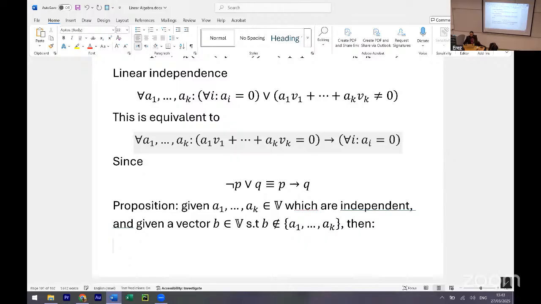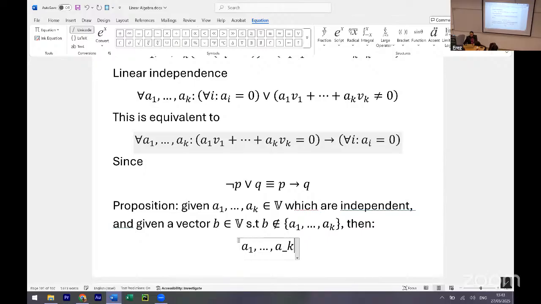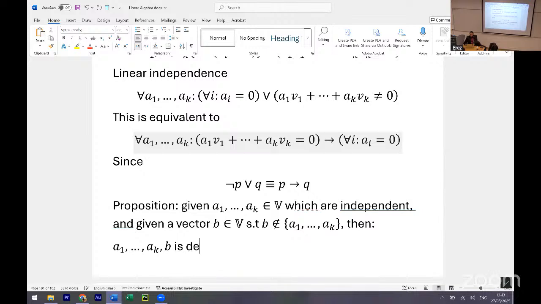Then A1 to AK plus B is dependent if and only if. So I had a sequence of vectors with nothing unnecessary.